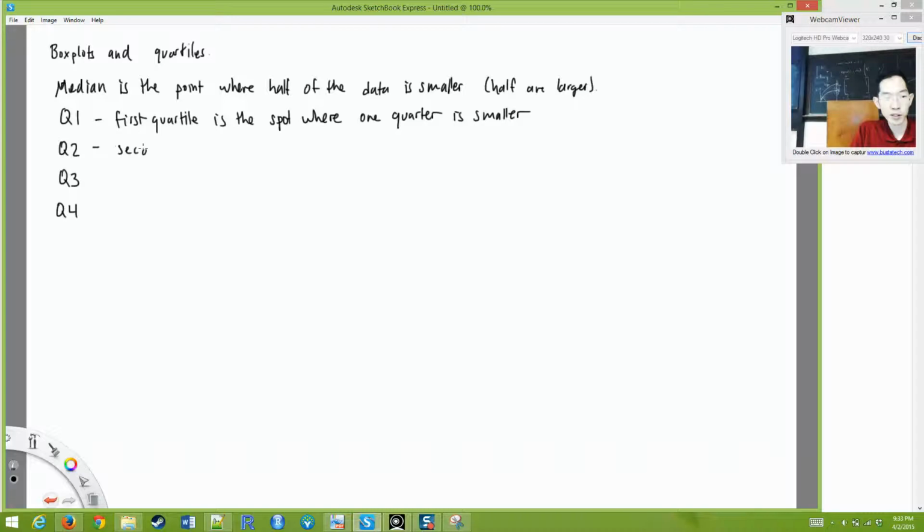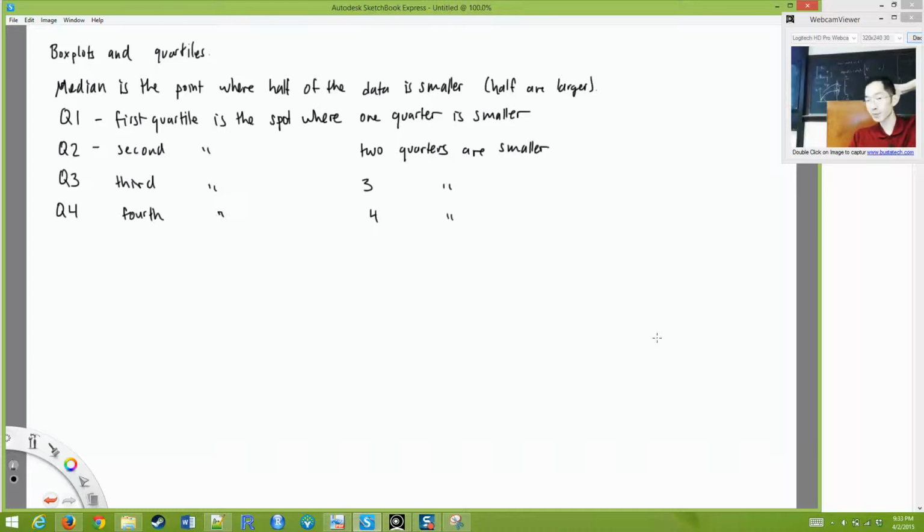Second quartile is a spot where 2/4 are smaller. And the third, etc., 3/4, and fourth is where 4/4 are smaller.